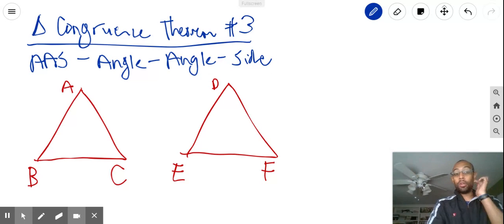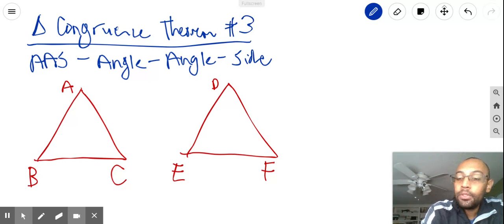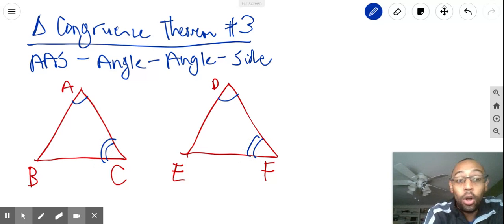And so here the focus is now on the fact that I'm given two angles and a side. So given two triangles, if I know that, let's say, angle A is congruent to angle D, and I know angle C is congruent to angle F, and I also know that side BC is congruent to side EF, okay?